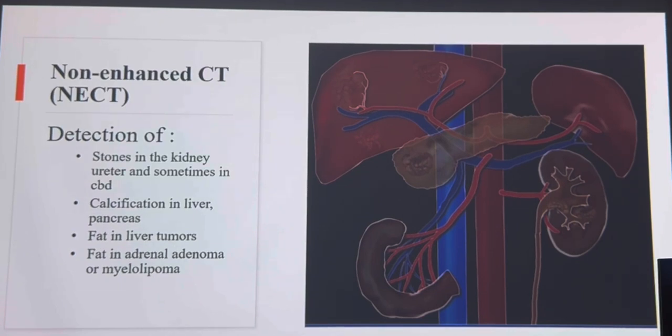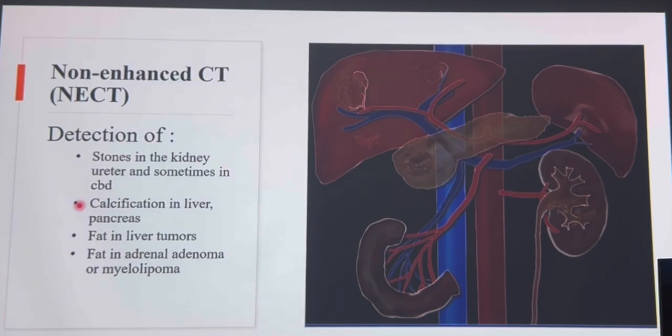The organs have their primary density as without contrast, and the aim is to detect, for example, stones in the kidney or ureters, or calcification in organs like the liver or pancreas, which is important for diagnosis. Calcification in the pancreas can give me an idea of the chronicity of the illness.